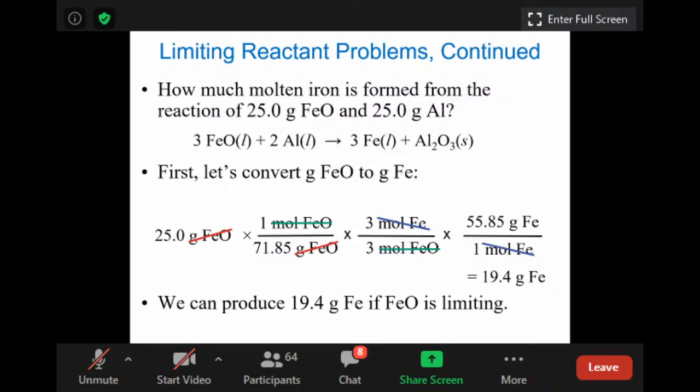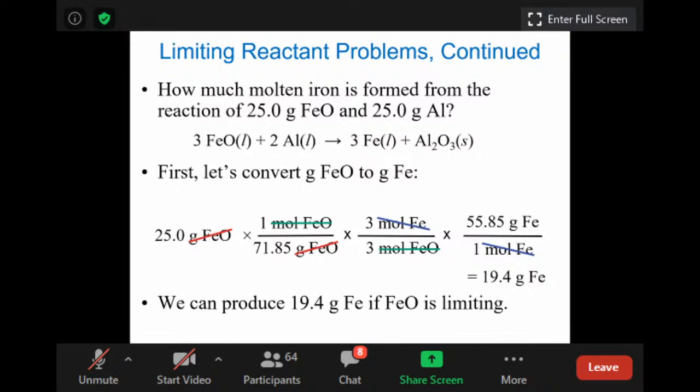One mole of FeO is 71.85 grams FeO. If these numbers are placed down, look at this factor. What is the relationship between the Fe and the FeO from the balanced equation? It's 3 to 3. You see that there? 3 moles of Fe, 3 moles of FeO. That's very important. That's why you need to have the correct balanced equation.